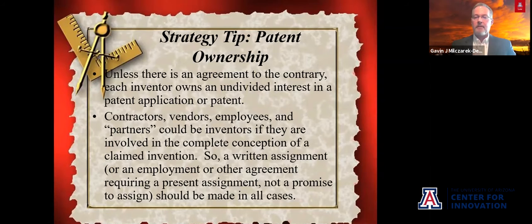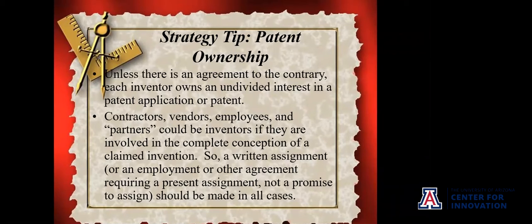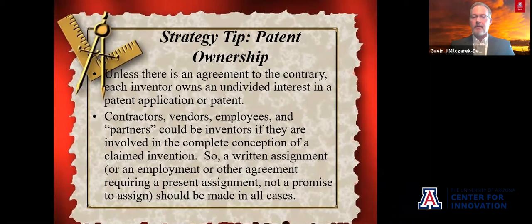You always have to enforce a promise to assign. It's much better to have present language that actually conveys the assignment and not just a promise. And so in all cases, you want to be thinking about who owns the rights to the patent application or the patent. And of course, if you want to sell or do an exclusive license, it's best if just one entity holds all the rights.